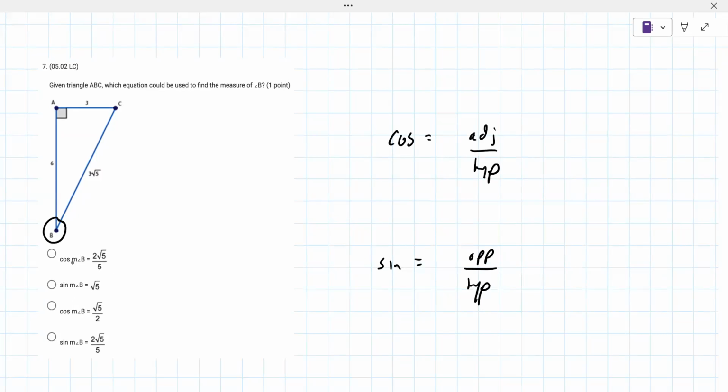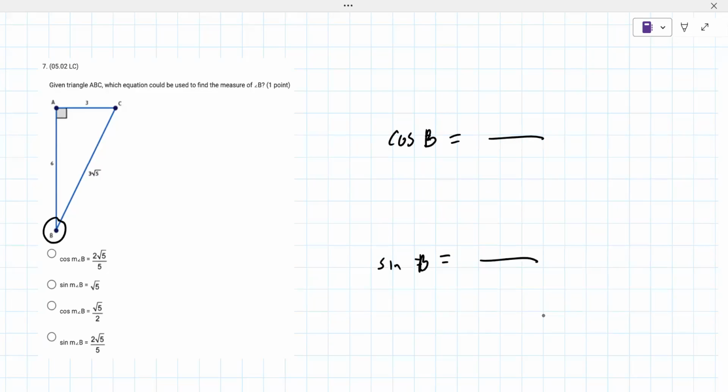I thought you would use cosine, but then there's something that has like 6 over 3 root 5. Right, so it's got to match up. And now there's a little bit of another thing going on here. There's what's called rationalization. So why don't you tell me what goes for cosine and sine of B?